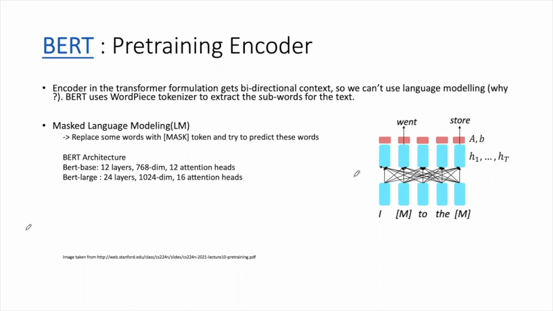So we use a different pre-training approach for the encoder, which is masked language modeling. In this, we replace some words in the input sentence with mask tokens, then pass the entire sentence to the encoder and try to predict the mask tokens. That is the typical objective and how we conduct pre-training for the encoder.